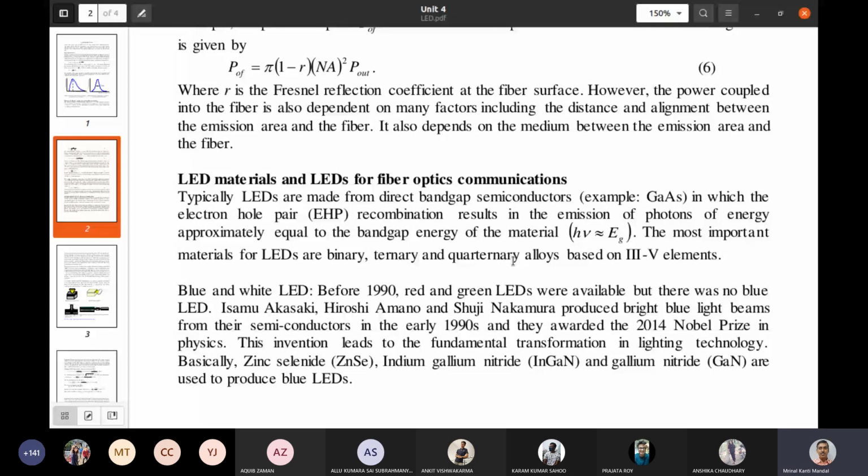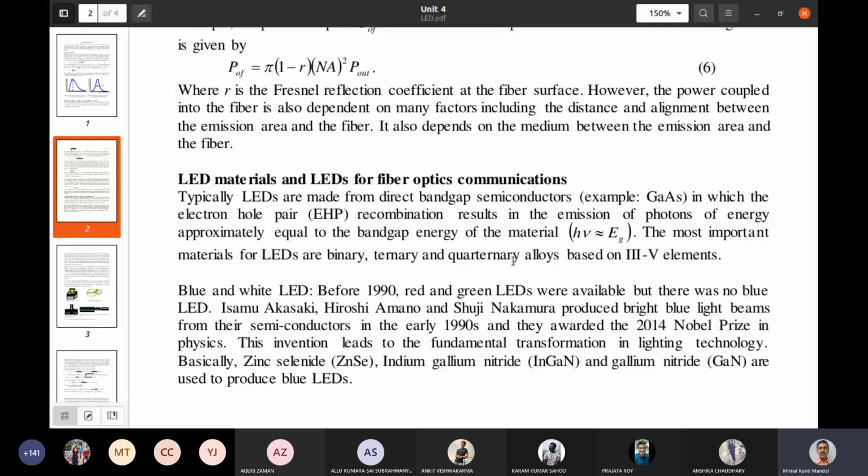In 1990, a material, that is gallium nitride, indium gallium nitride, or zinc selenide, this semiconductor material, has been used to design the blue LED.